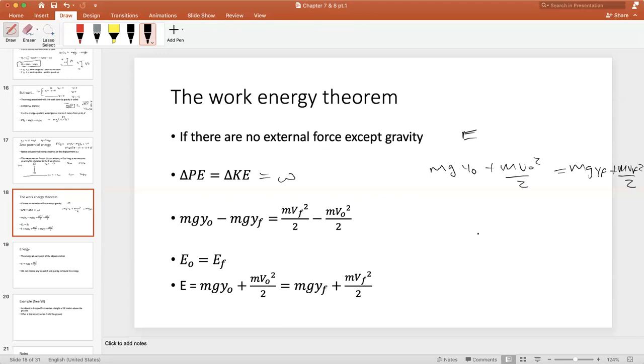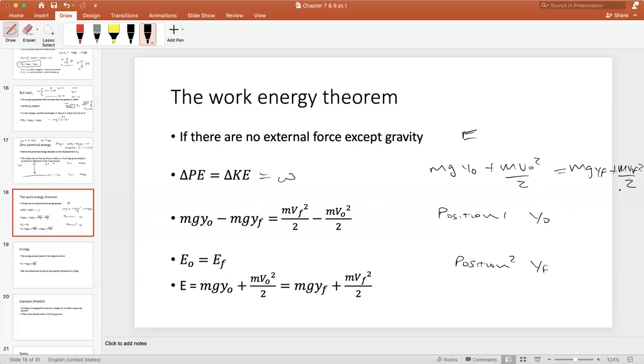And so what this should be telling you is that if you choose position 1 at y naught and position 2 at y final, you can set those energies equal to each other.